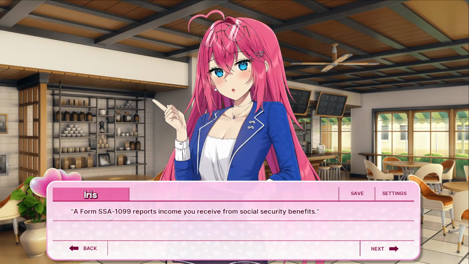Is there any kind of unemployment compensation in the Philippines? Because when I came back, I was unemployed from May until August, something like that. Form SSA reports income you receive from Social Security benefits. I'm not old enough for that.